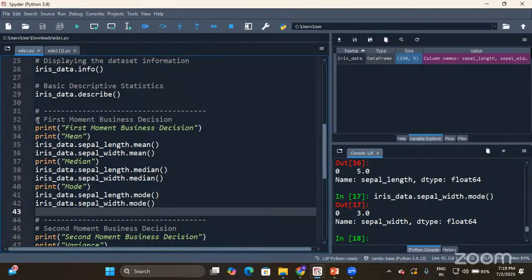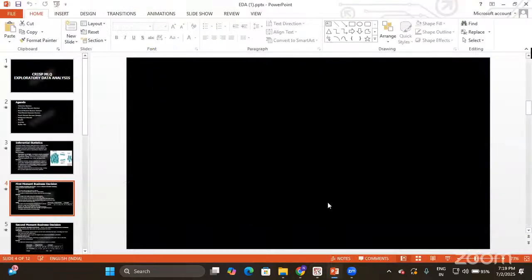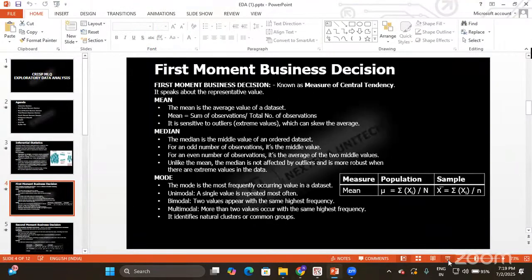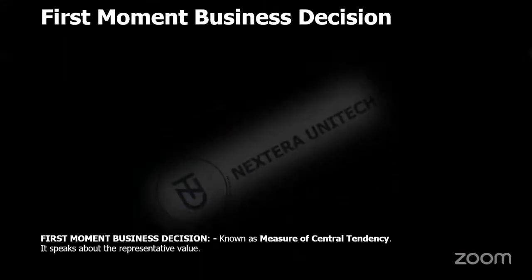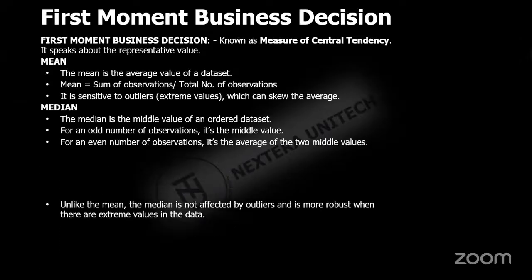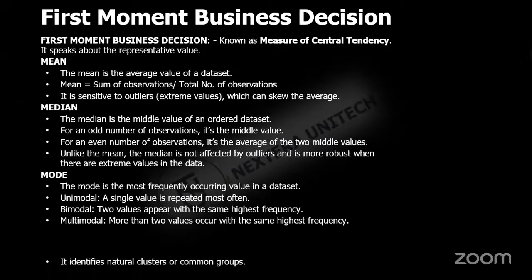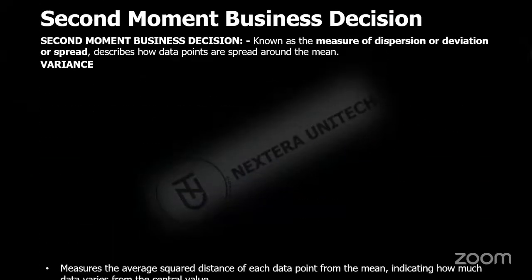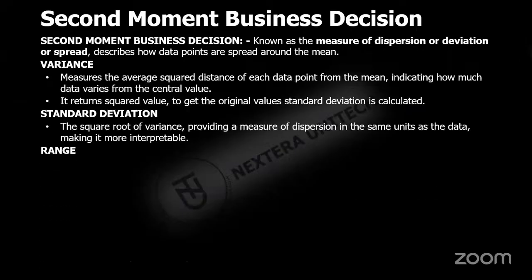So did I complete all the first moment measures? Yes, done. Now I'll go back to second moment. First moment business decision returned the center value, the representative value. But what about second moment business decision?